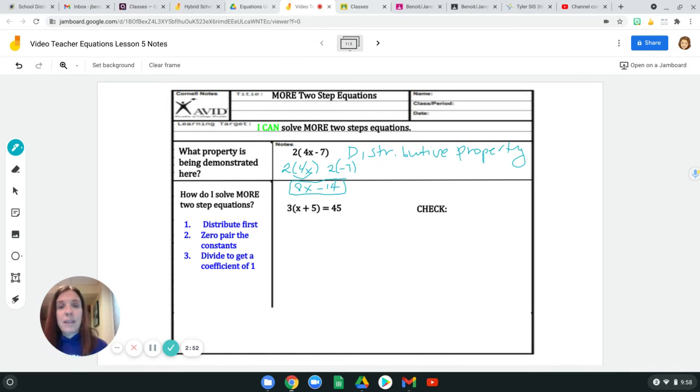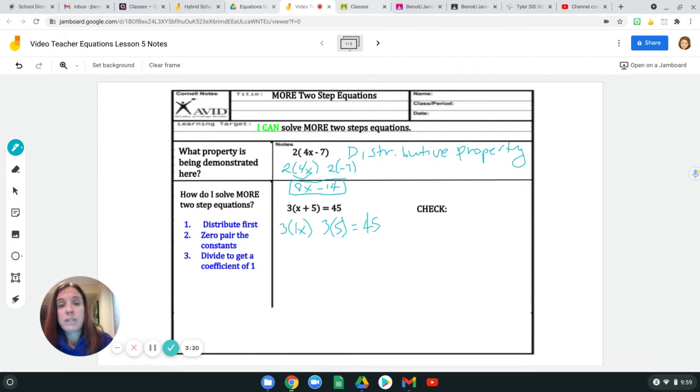All right, so in our first example, 3 times the quantity x plus 5 equals 45. 3 is my coefficient, so I'm going to distribute 3 to 1x. Remember, we write that coefficient of 1 in when it's not written, and 3 times 5. We do not distribute the 3 to the 45.